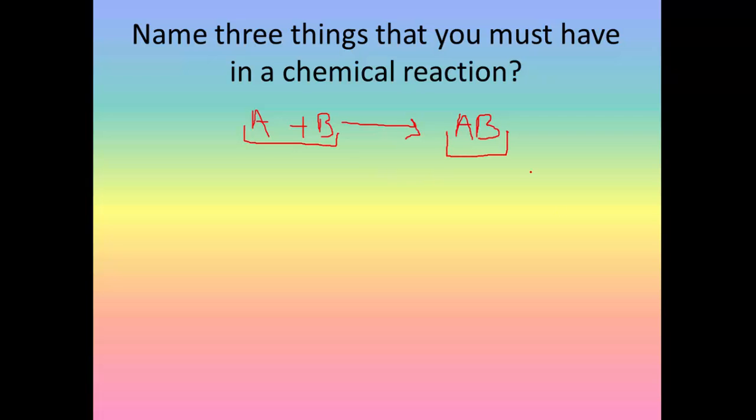And we can call AB what? And then what else do you need? Think about the other reactions that we talked about. We talked about endothermic and exothermic, and those both have to do with energy. So you need reactants, products, and energy to have a chemical reaction.